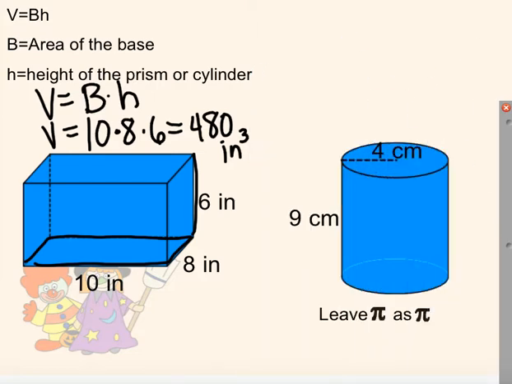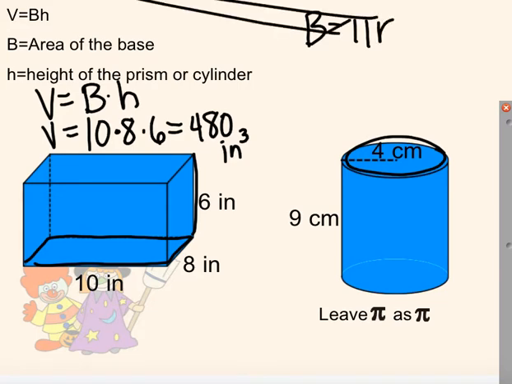But let's use a cylinder this time. Well, the area of the base is going to be the area of this circle. To get the area of a circle, we need pi r squared. So we can plug that in, and since we're leaving it as pi, we have 4 squared pi. And our height is 9.